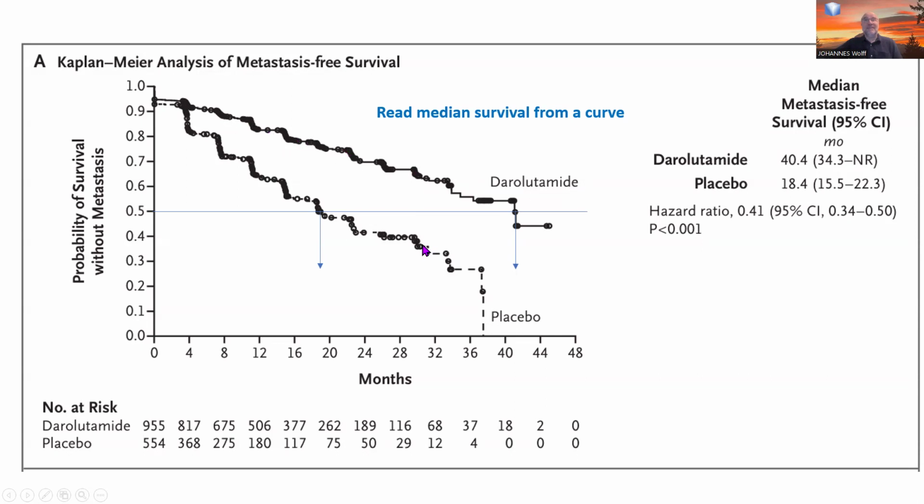That's how we want it. That is a good result. You see the median event-free survival or median metastasis-free survival here with the 50% coming down in this spot for placebo, and here for darolutamide, and the numbers are 40.4 and 18.4, so very different from each other.